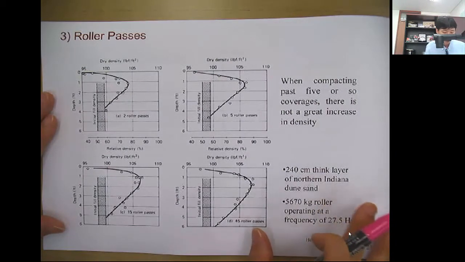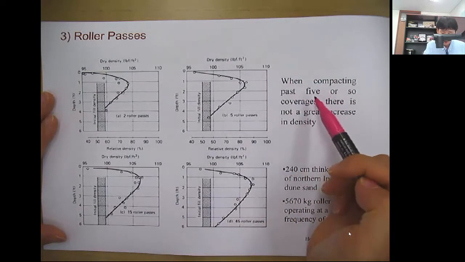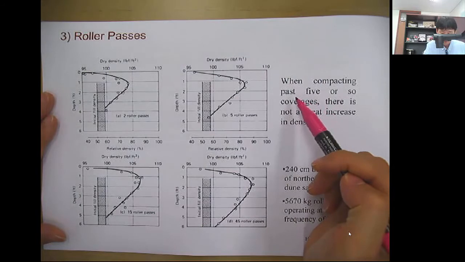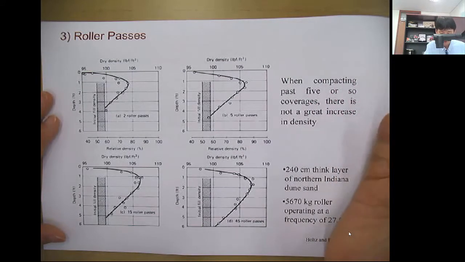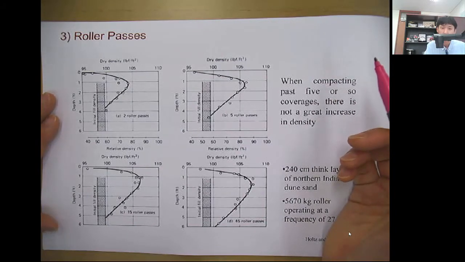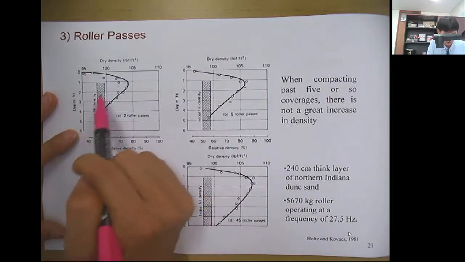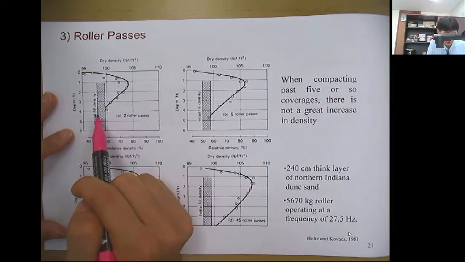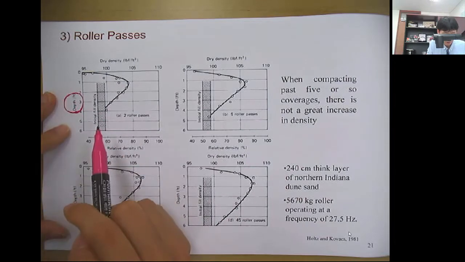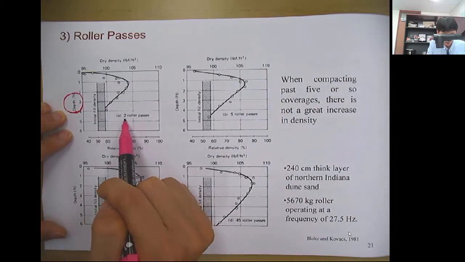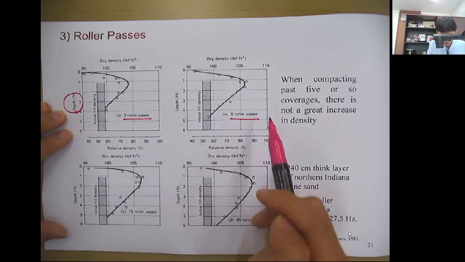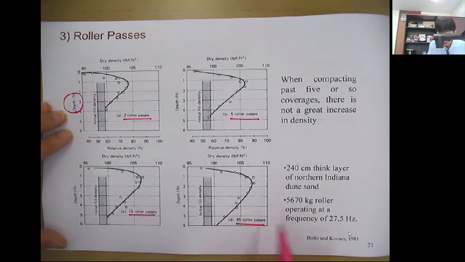And number of roller passes. When the number of passes is more than 5 or so, there's not a great increase in density. When you look at this dry density curve, this is the vertical profile of the dry density with respect to the depth. So 2 roller passes, 5 passes, 15 passes, and 45 passes.